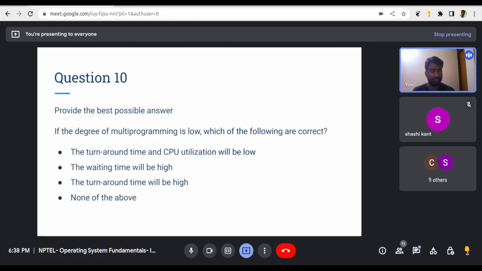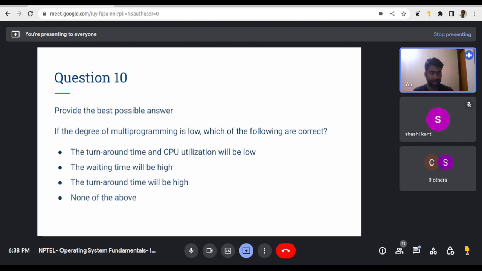The degree of multiprogramming relates to how many processes there are in the ready queue. We had studied the states of a process and the queues that are related, right? The job queue and the ready queue.